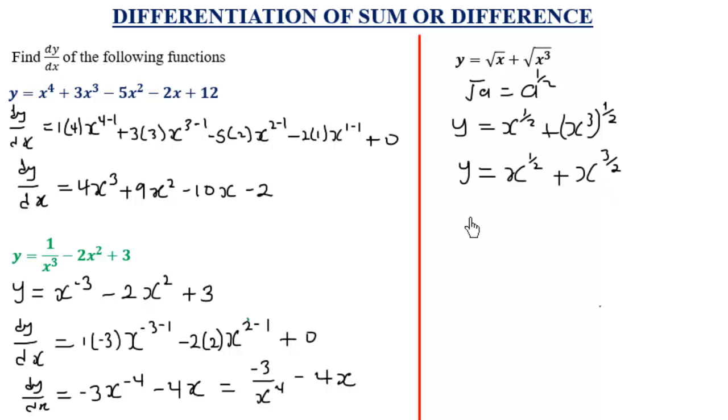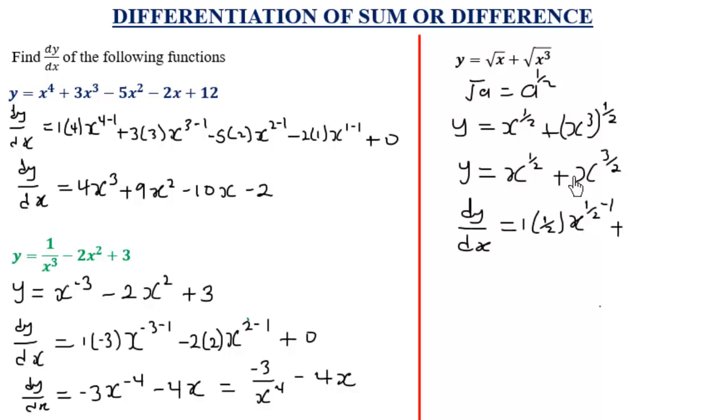Good. So we are now set to differentiate. So we are differentiating y with respect to x. So that gives us dy dx, which will give us: now the exponent here will multiply the coefficient here, and the coefficient here, you have to know that there's 1 here. So 1 multiplying the exponent half, you bring your x, then half minus 1, plus.